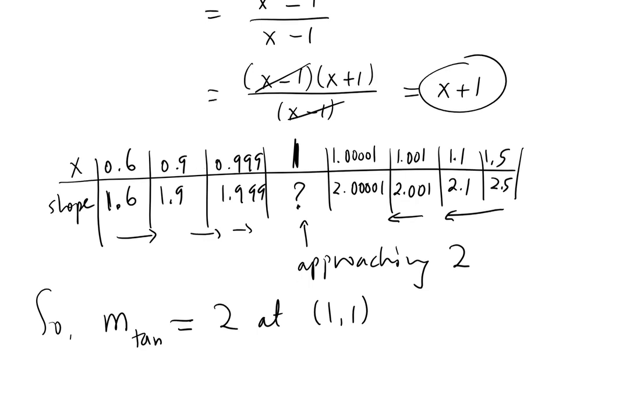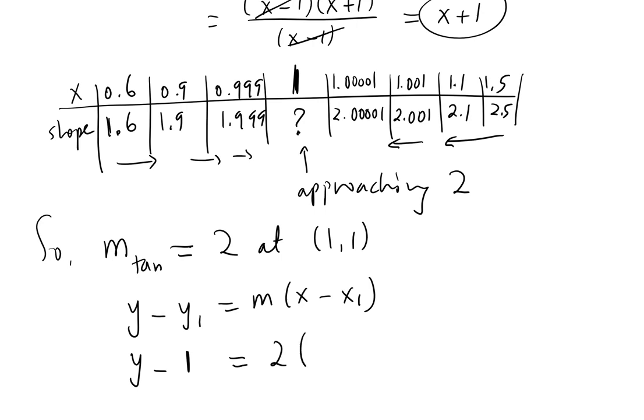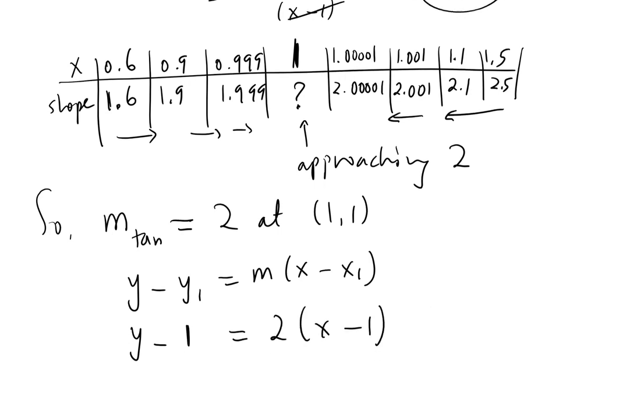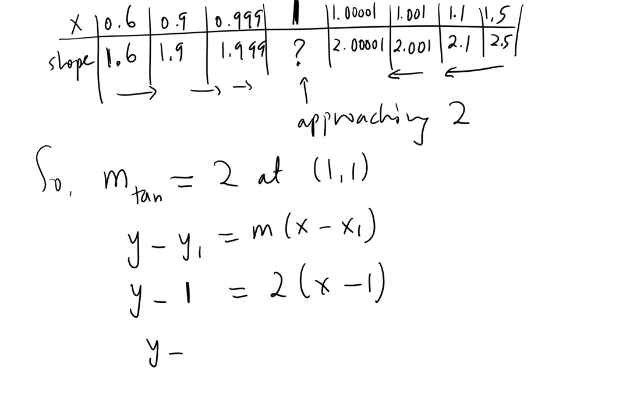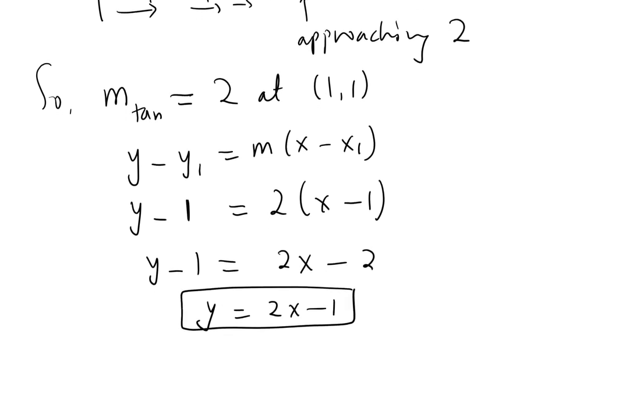So we use y minus y1 equals m times x minus x1: y minus 1 equals 2 times x minus 1. Multiply the 2 in, 2x minus 2, add 1 to both sides, y equals 2x minus 1. This is the equation of the tangent line to the graph of y equals x squared at the point (1, 1).